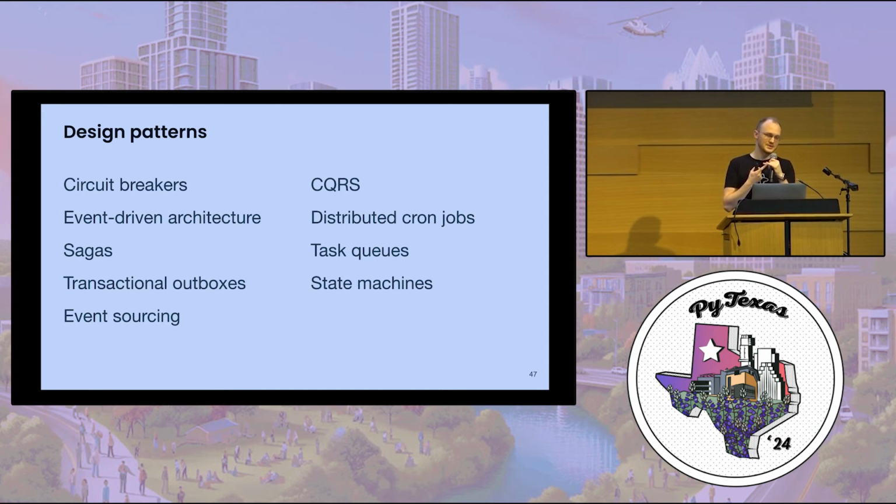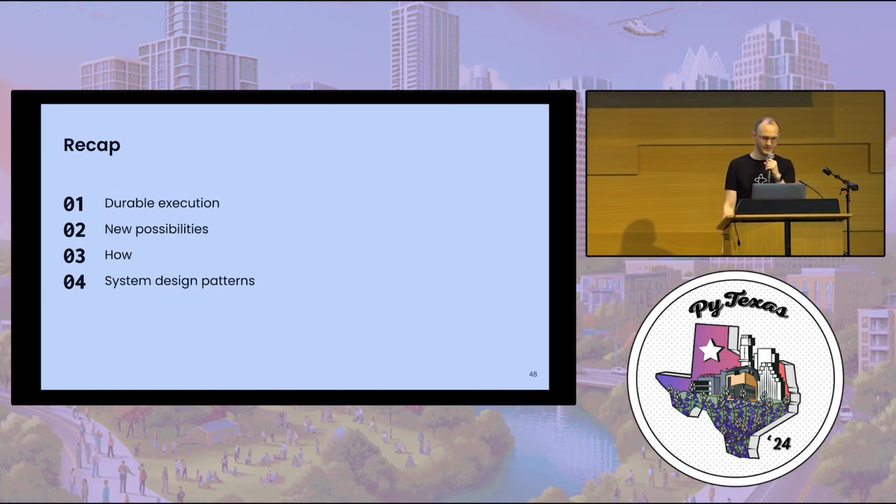Sagas, really easy to do. Transactional outboxes, don't need to do. Event sourcing, done for you automatically. CQRS, partially don't need, partially done for you. Distributed cron jobs, really easy to do. Task queues, automatically done for you in a better way than Celery's defaults. And state machines, easy to do.